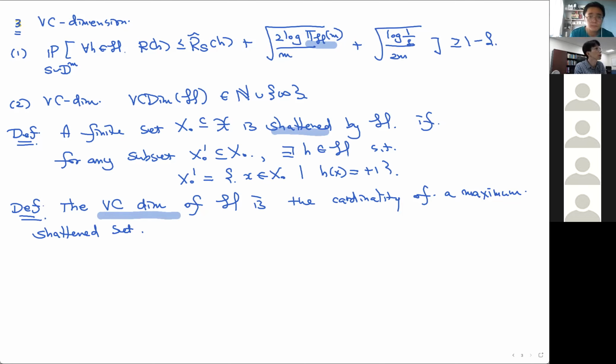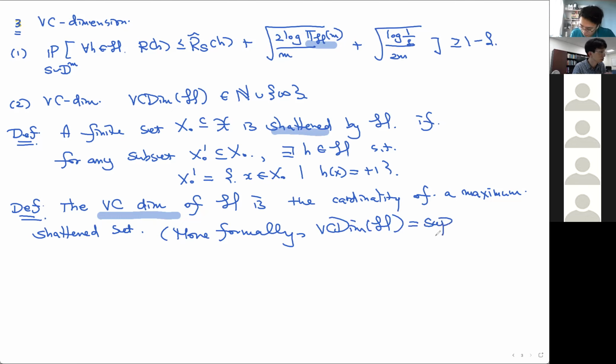So more formally, the VC dimension of H is defined by the supremum of M such that we can shatter some subset of size M. What does that mean?